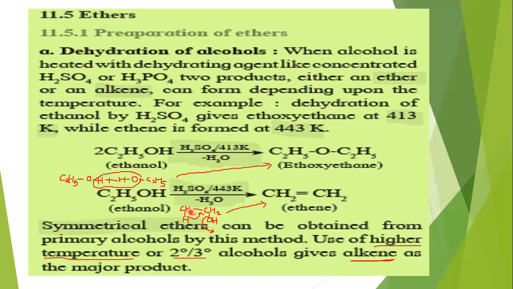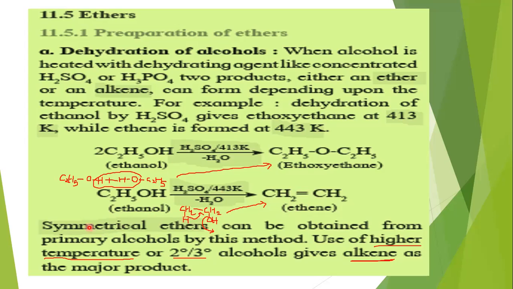I have written it in this way: CH3CH2OH, C2H5OH. Okay, so here this water molecule gets lost. OH from the carbon and H from its adjacent carbon, this water molecule gets lost, and here carbon-carbon double bond formation takes place.